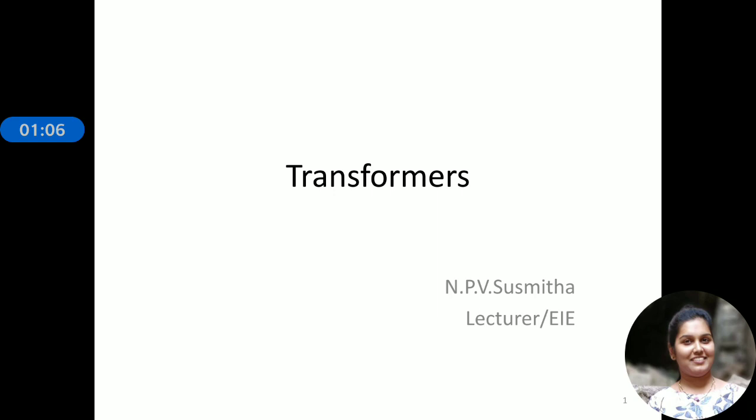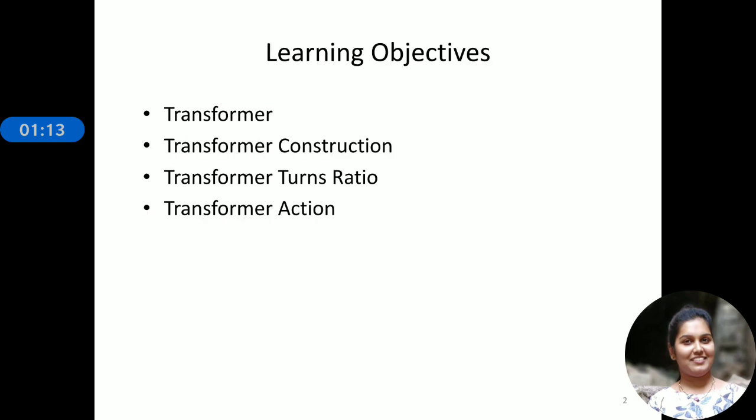This video will cover some of the basic fundamentals related to the transformer, like what is meant by a transformer and how it is constructed. Next, what is meant by transformer turns ratio and how the transformer action works will be discussed in today's video, and the other topics will be discussed in the next coming videos.